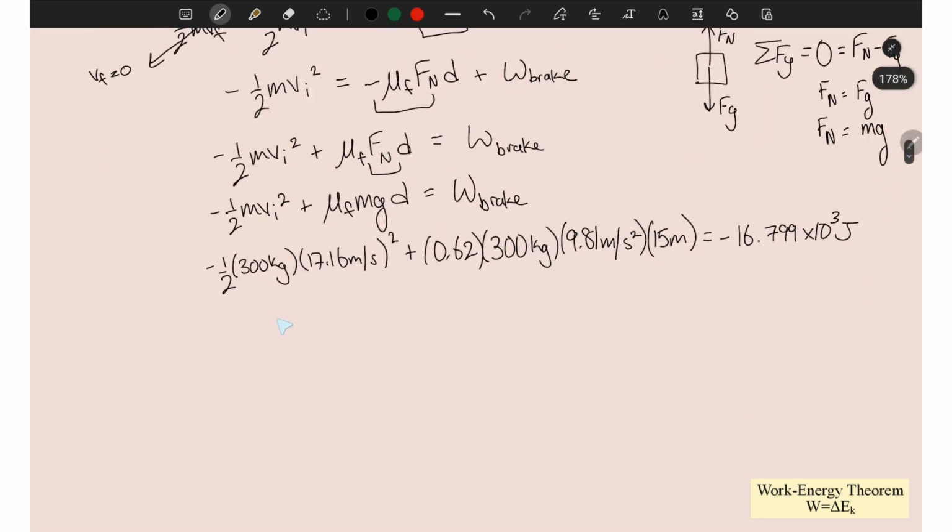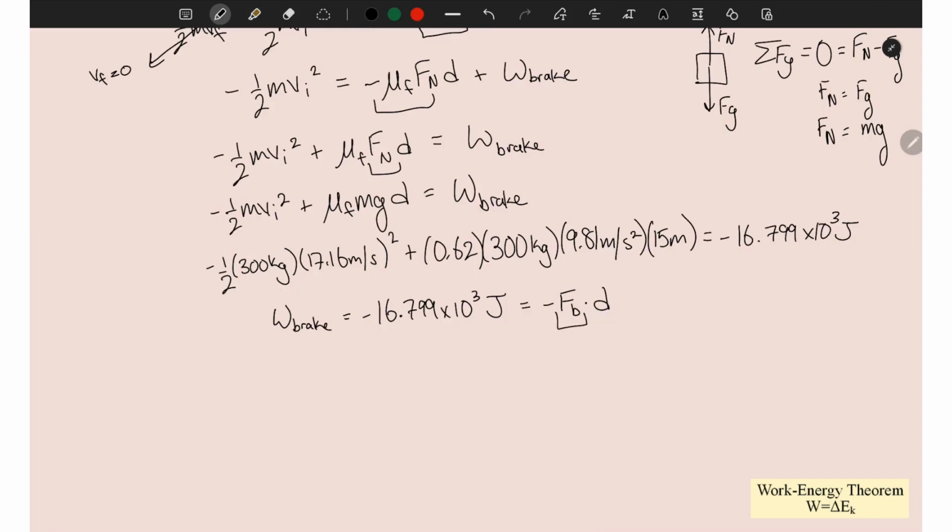So I'm just going to write that out here again. Work done by the brakes is negative 16.799 times 10 to the 3 joules, or kilojoules, because it's times 10 to the 3. And remember that this work will be equal to negative the force of the brakes times the distance.